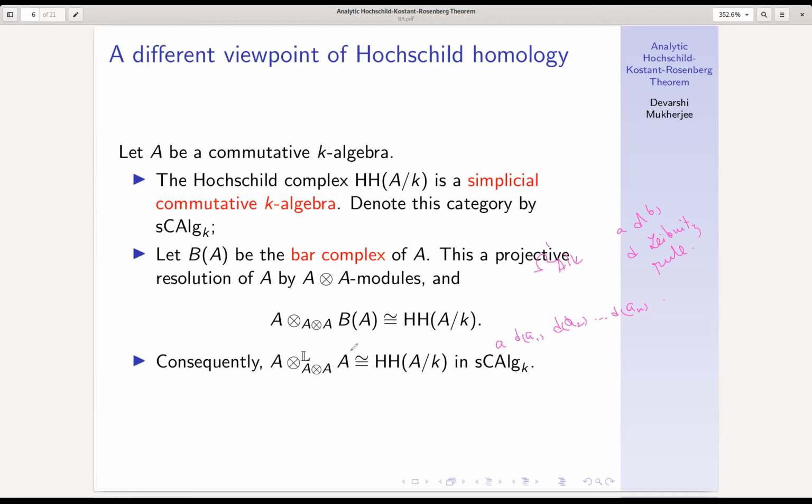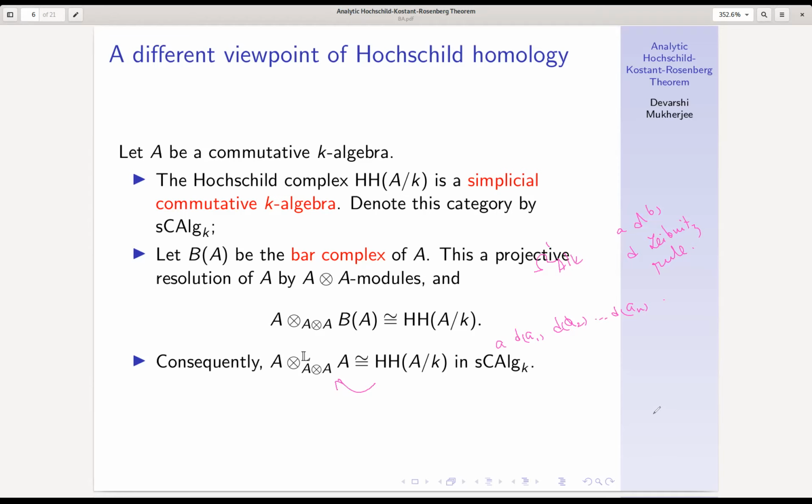Right. Okay. So what is true is that because this is a projective resolution, this Hochschild homology complex, in a sense, models the derived tensor product. So this derived tensor product is computed by taking any projective resolution of A here or here, doesn't matter. And this is just a different way of writing this thing, which we use later. But then the identity above occurs in the category of simplicial modules over BA, say.